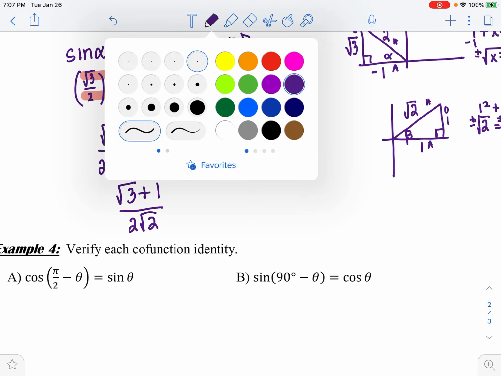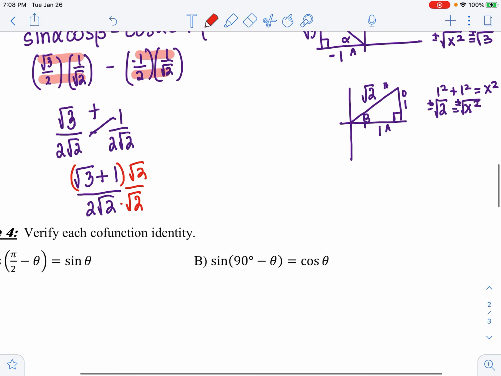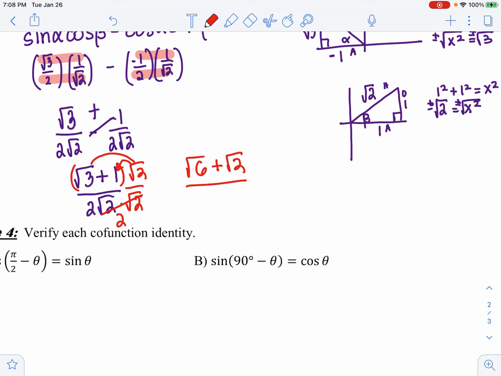I have to rationalize because I have a radical in my denominator. So I need to multiply both the numerator and the denominator by root 2. Please realize this is a binomial, so you do have to distribute. Root 3 times root 2 is root 6. Plus 1 times root 2 is root 2. All over root 2 times root 2 is 2. 2 times 2 is 4. And there is my answer.